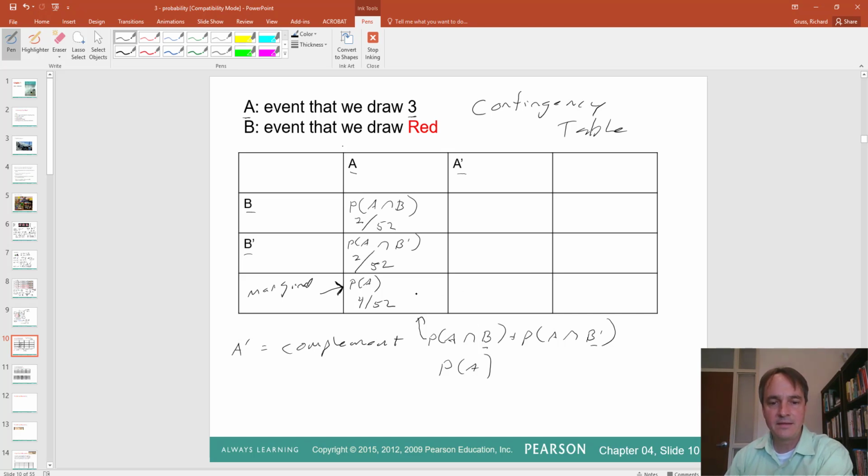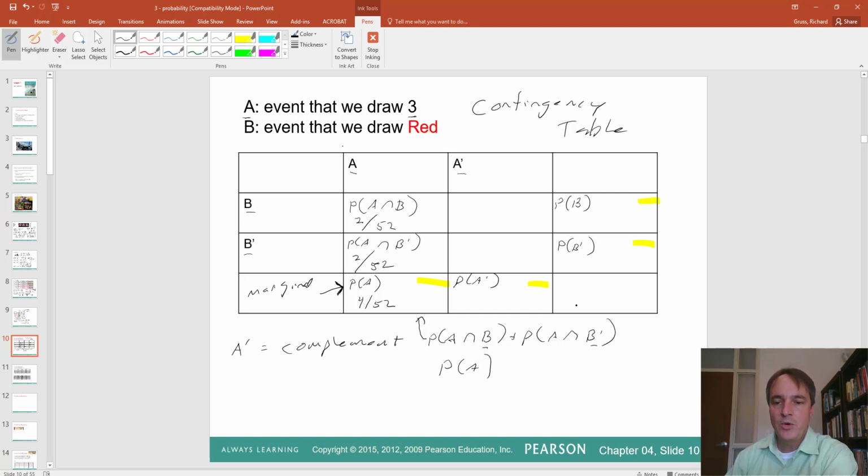So anything here and here and here and here, these are going to be marginal probabilities. So we can take a shortcut and just put down our marginal probabilities here. This is just going to be the probability of B. This will be the probability of not B. And this will be the probability of not A.